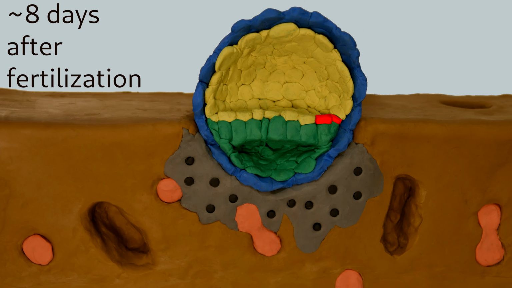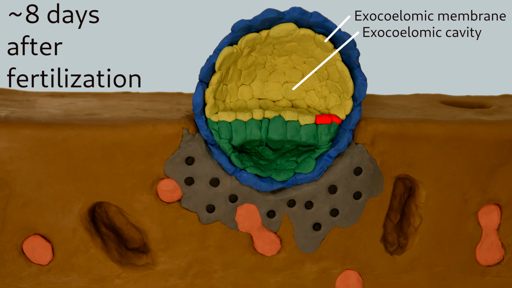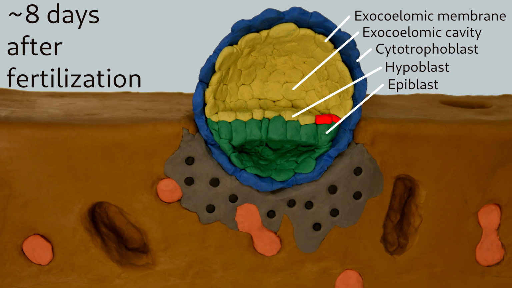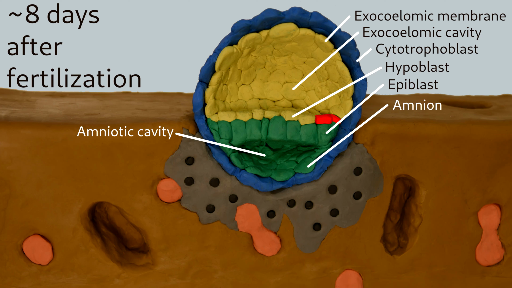At around 8 days after fertilization, the exocoelomic membrane forms from the hypoblast. This membrane is also known as Heuser's membrane and is a short-lived structure. The cavity beneath the exocoelomic membrane is the exocoelomic cavity and is also known as the primitive yolk sac.